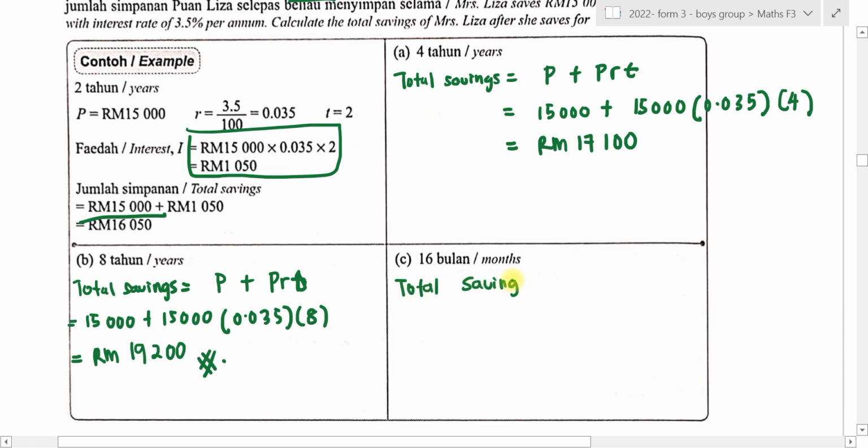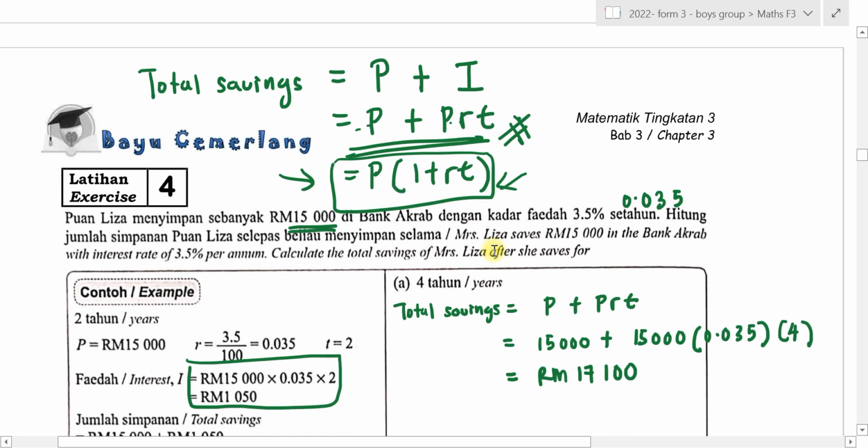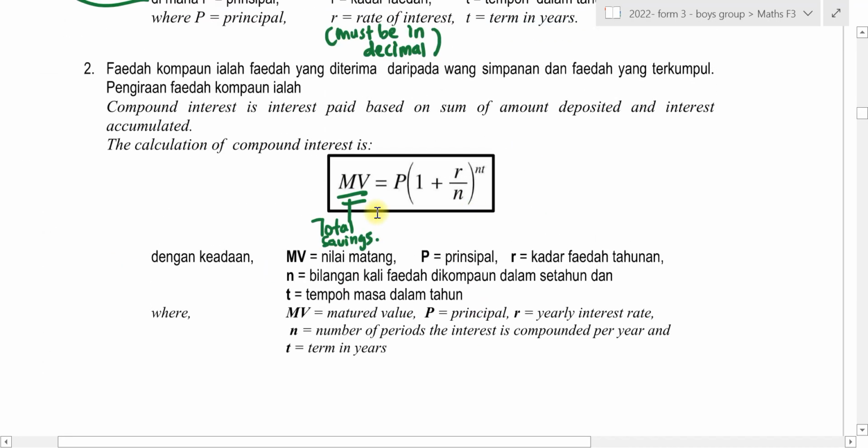Sir, can I ask a question, sir? Isn't the formula the principal and then bracket 1 plus RT, the interest over... This one? Yeah. I'm not sure what happened to the one in the other question, sir.